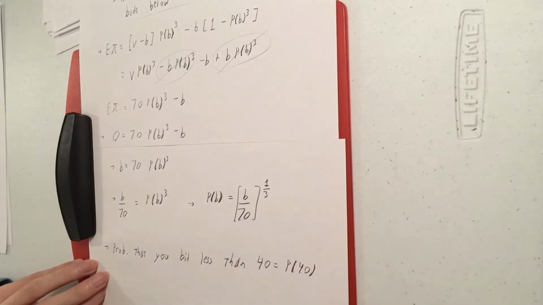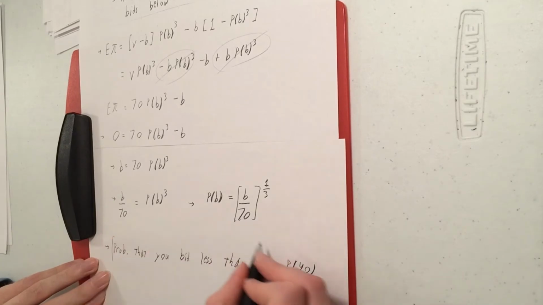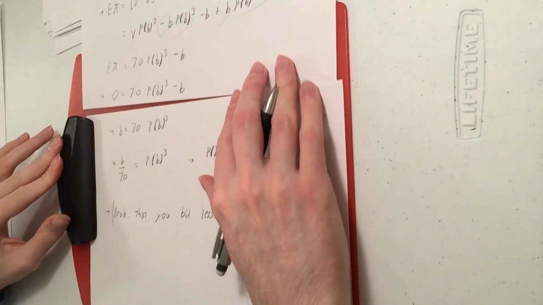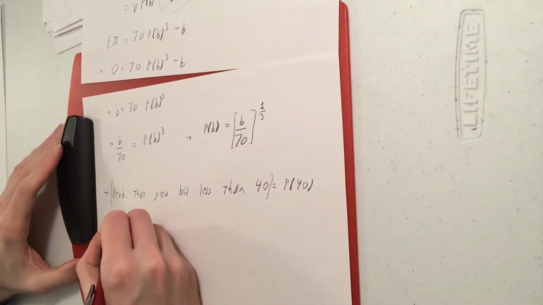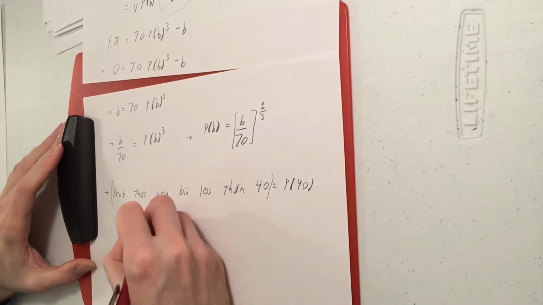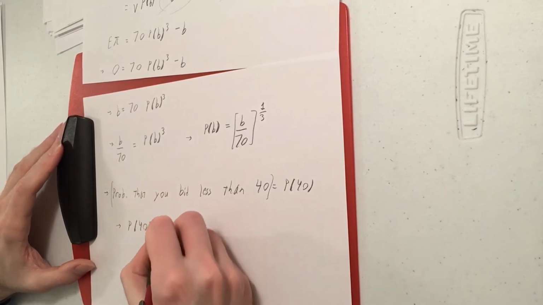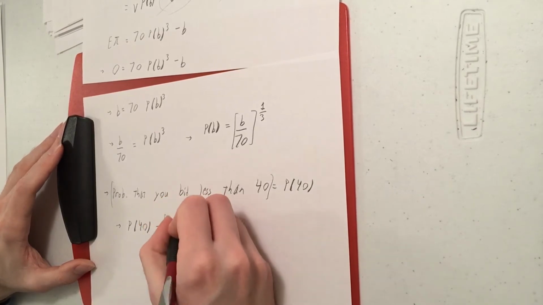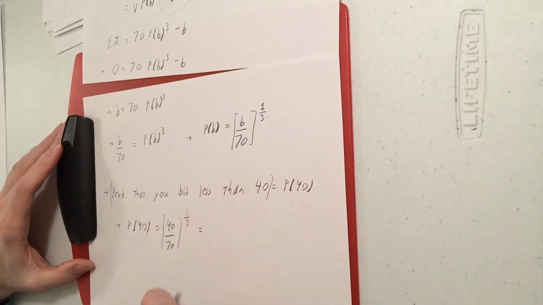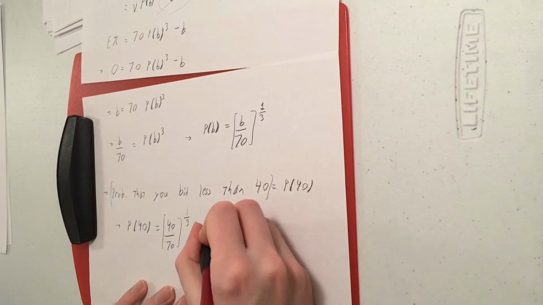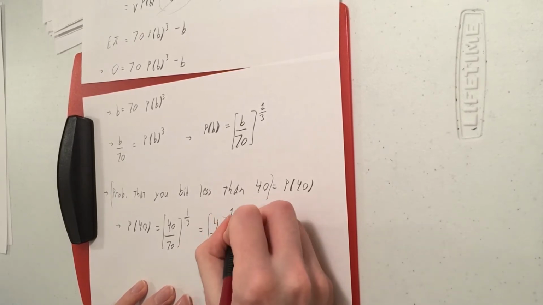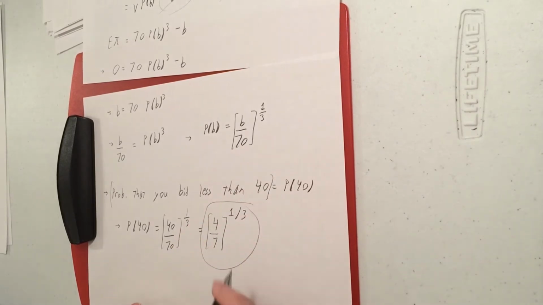Just plug 40 in for B. And that's going to come out to 40 over 70 raised to the 1/3. You can do some cancellation of the zeros. So we get 4 over 7 raised to the 1/3. And that's your answer. So the probability you're going to bid less than 40 is 4/7 raised to the power 1/3.